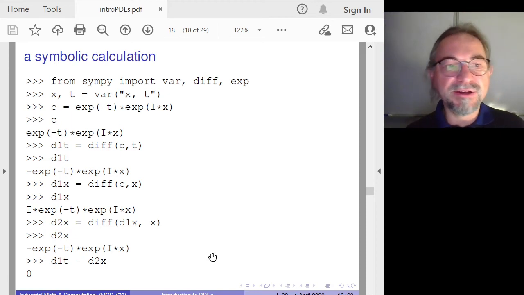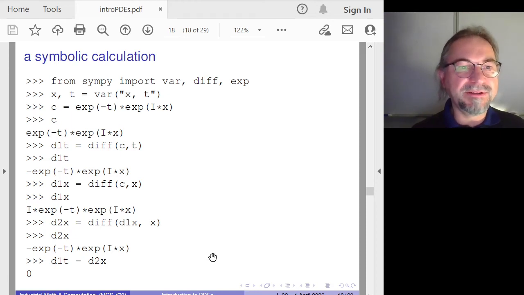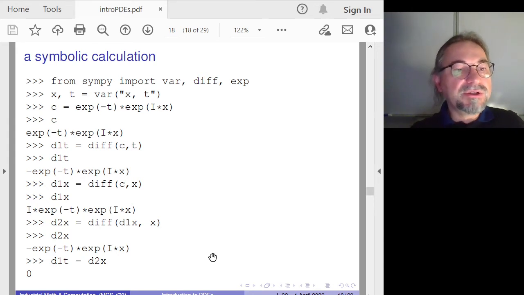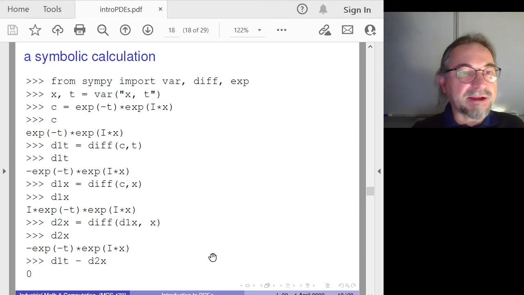So here we have a model where if we take the derivative with time once, we get the same solution as if we take the derivative of space twice. This is what the slide essentially shows, a very simple interactive calculation with SymPy.